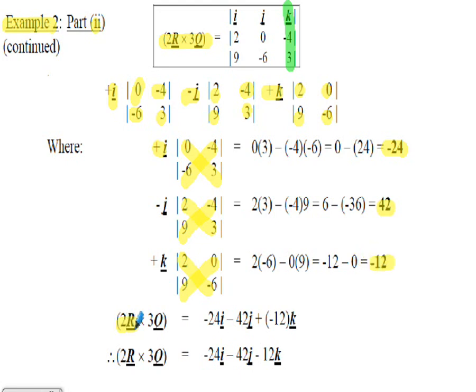So the vector 2r multiplied by 3q gives us minus 24i, minus 42j, don't forget this negative here, we must carry through, and then plus the minus 12k. Just tidying it up, that's minus 24i, minus 42j, minus 12k. So now we've got the cross product of 2r with 3q.